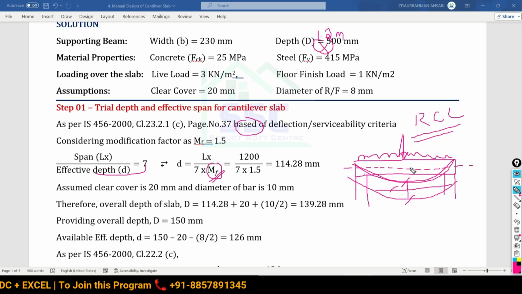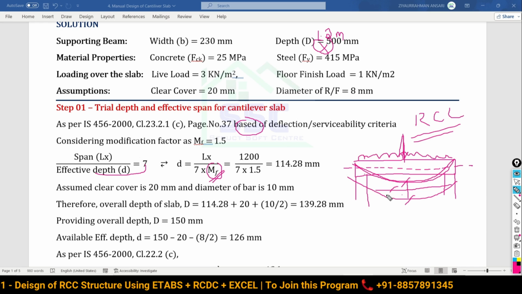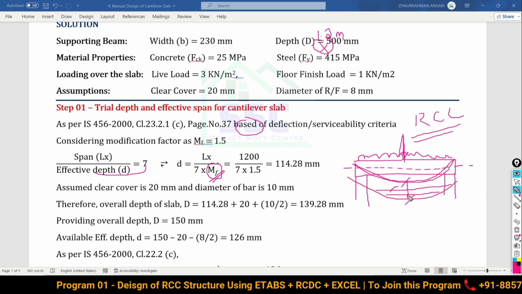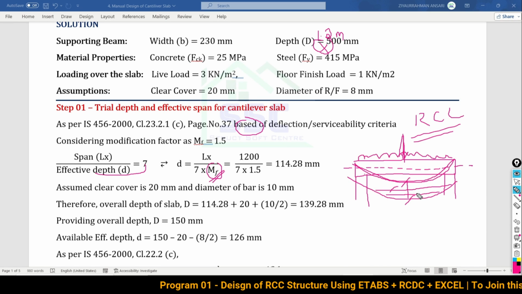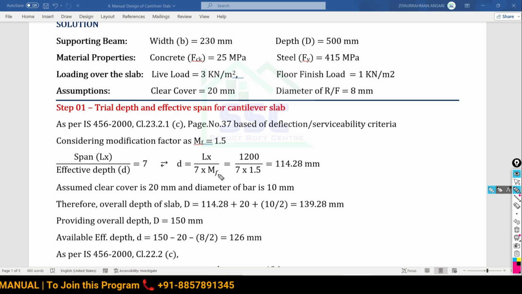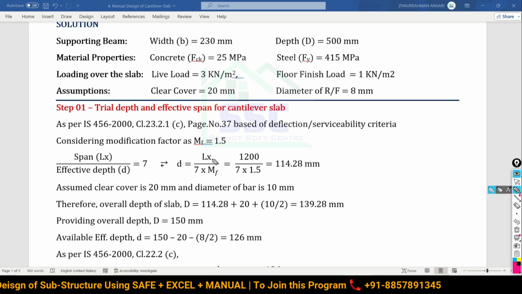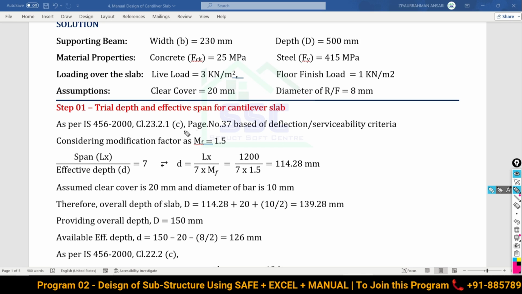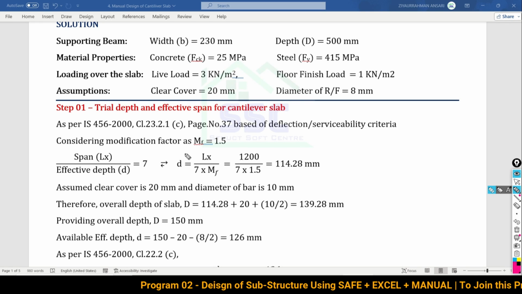So concrete is going to resist this load prior to deflection, and whatever reinforcement is present also takes a part in resisting this load. But in the code, this span to effective depth ratio of 7 is given by considering only the concrete, not the reinforcement which is present, and that reinforcement is also taking a part of resisting the load. For that reason we are going to introduce this modification factor.